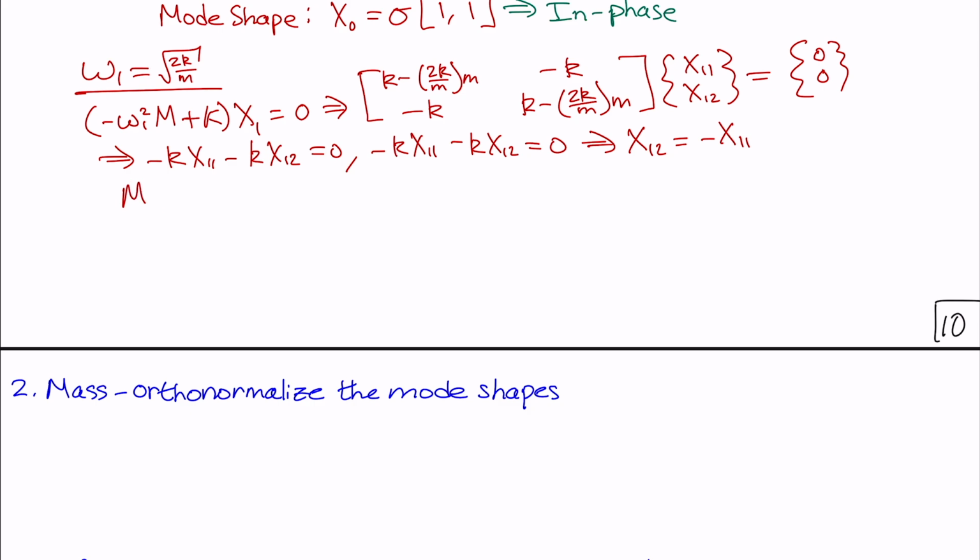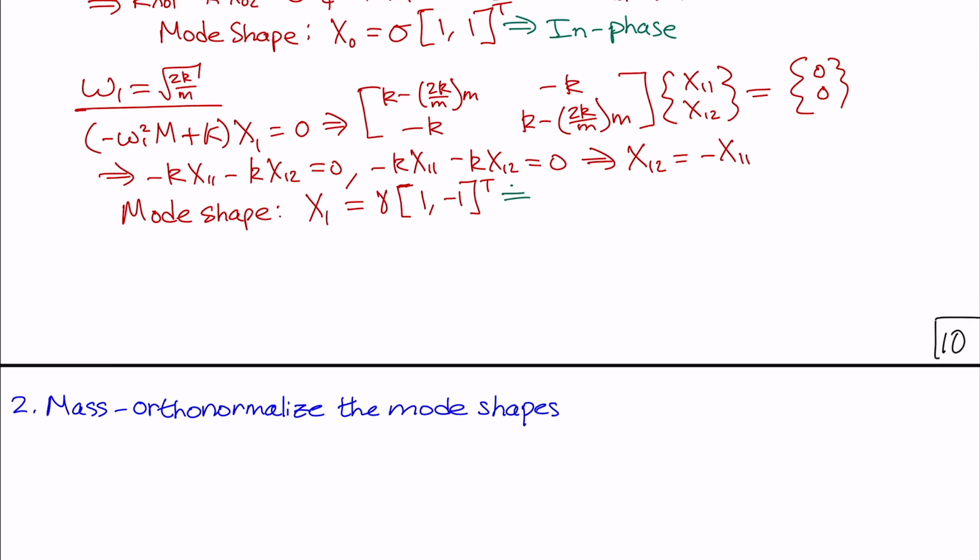And then our mode shape x1 will be equal to, we're going to use a gamma here, some arbitrary constant, times the vector 1 comma minus 1, all that transposed as written here. This is here an out of phase mode.